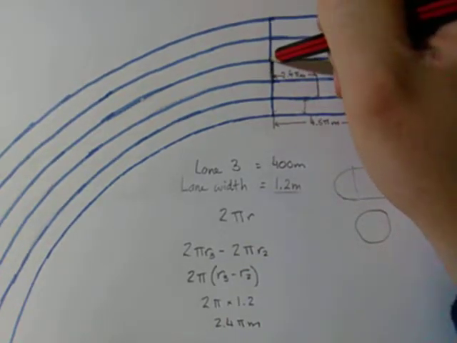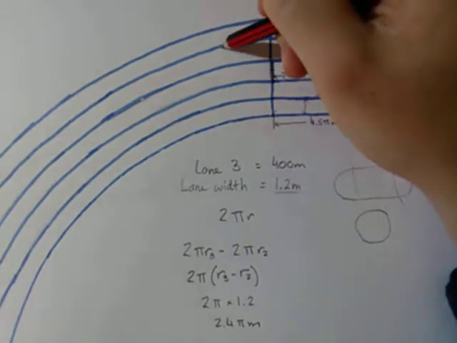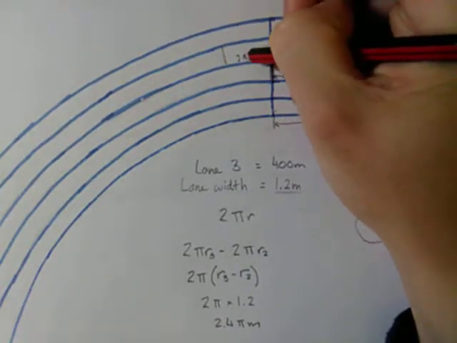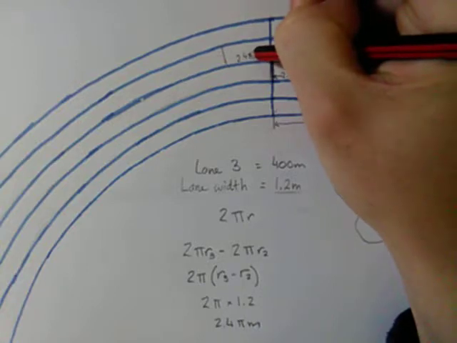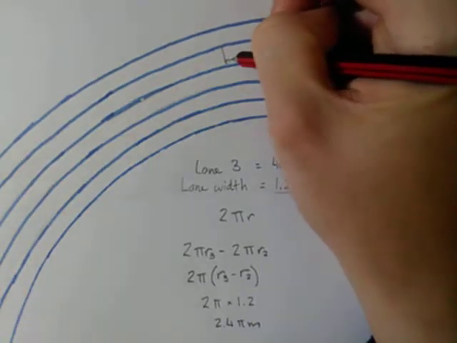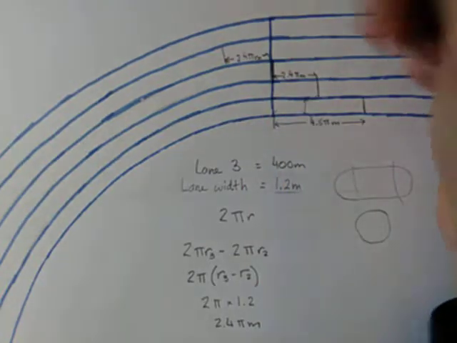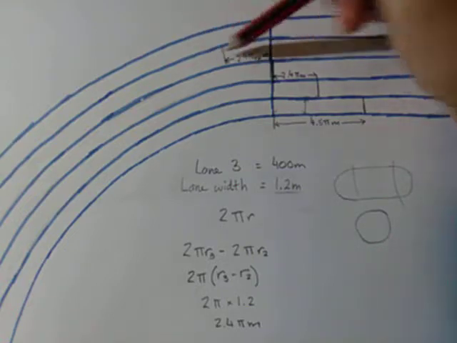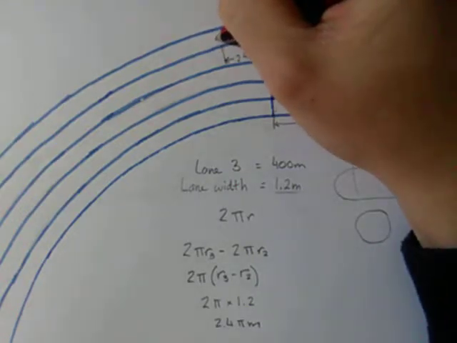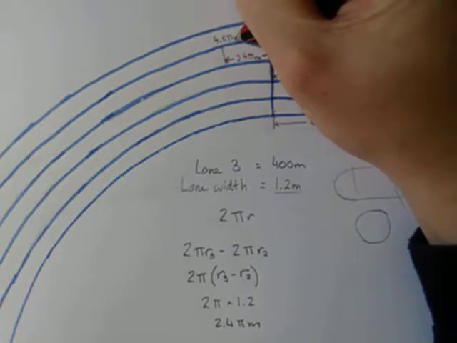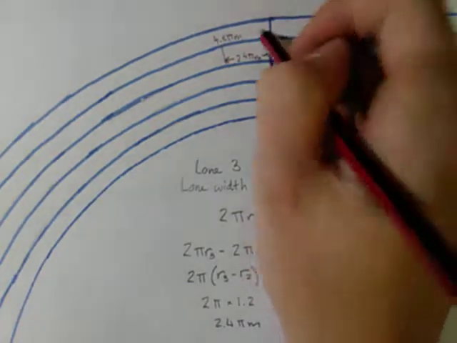You'll measure round here to there, and that's going to be 2.4 pi meters between there and there. If you went straight out here, you wouldn't have 2.4 pi meters there, so you need to remeasure from here, because this is going to be 4.8 pi meters. And this allows you to measure your stagger on a curve.